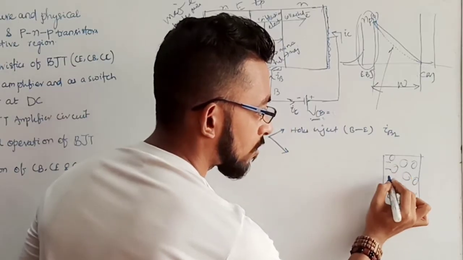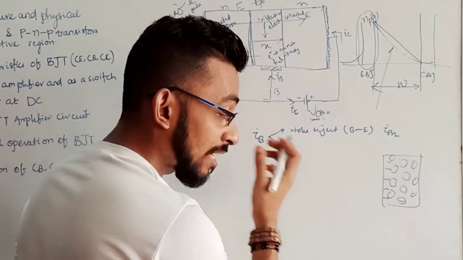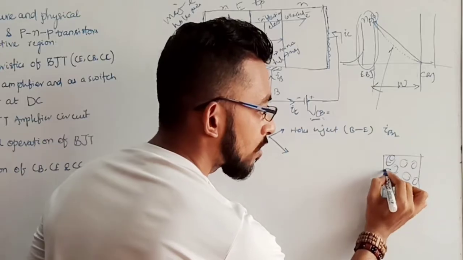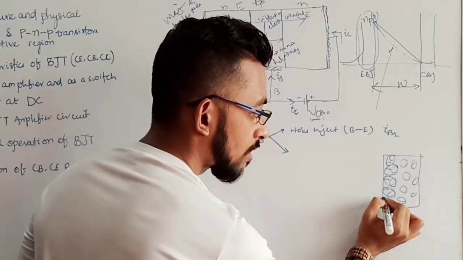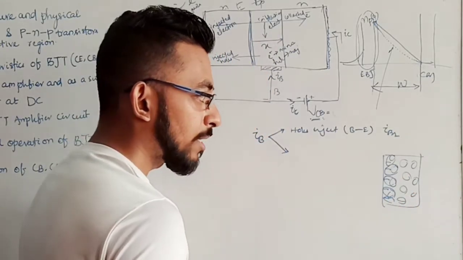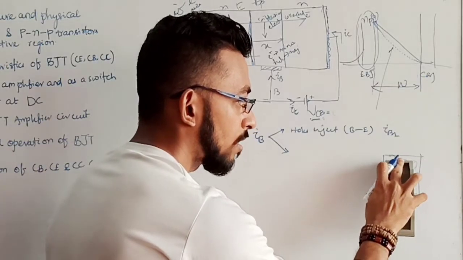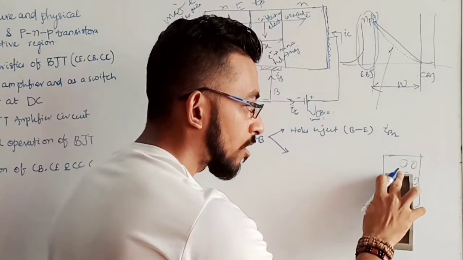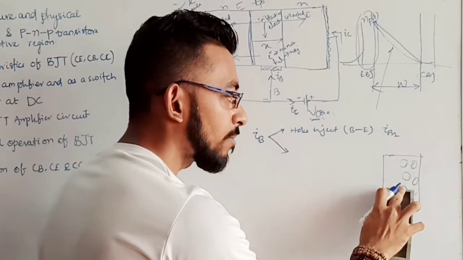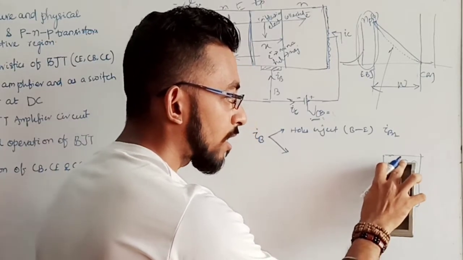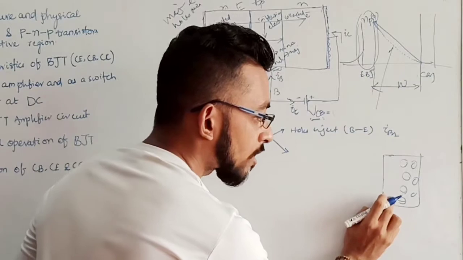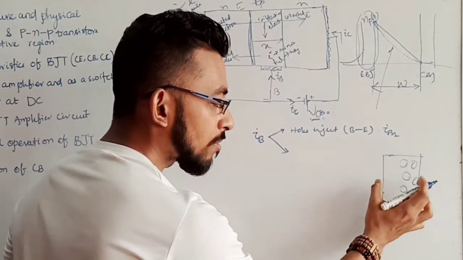and suppose there are electrons that are coming like this. What are they doing? They are combining with the holes, and they are decreasing the positive charge, means the number of positive holes is decreasing because of this recombination, because after recombination they become neutral. These holes are not there, so the concentration decreased on this base side.